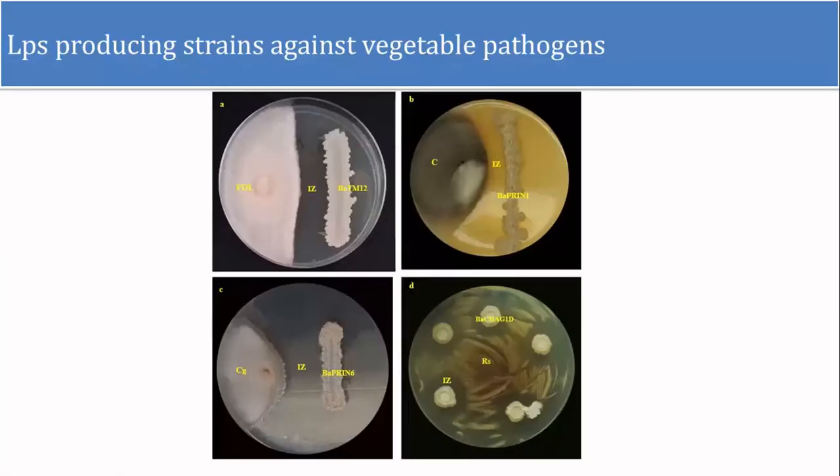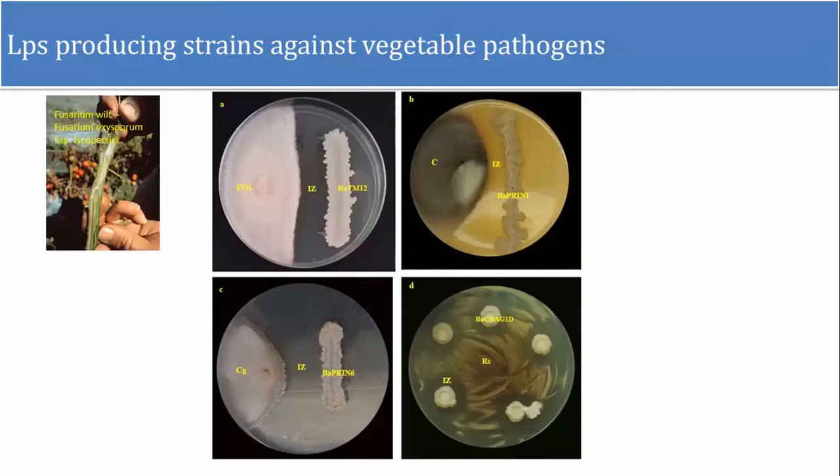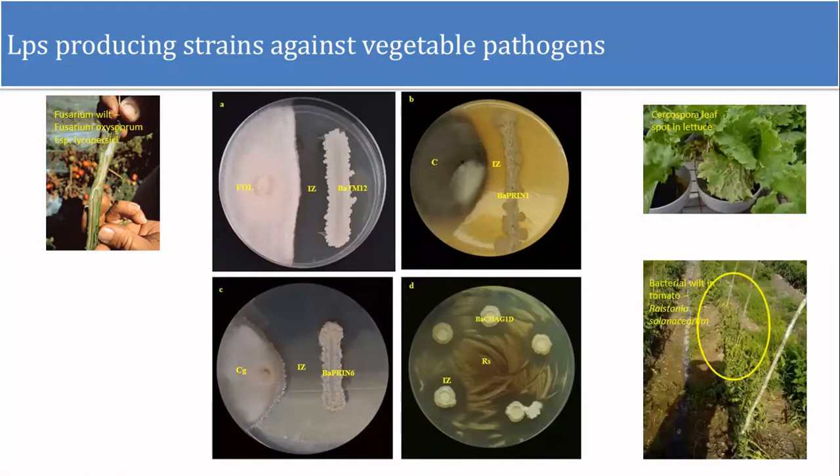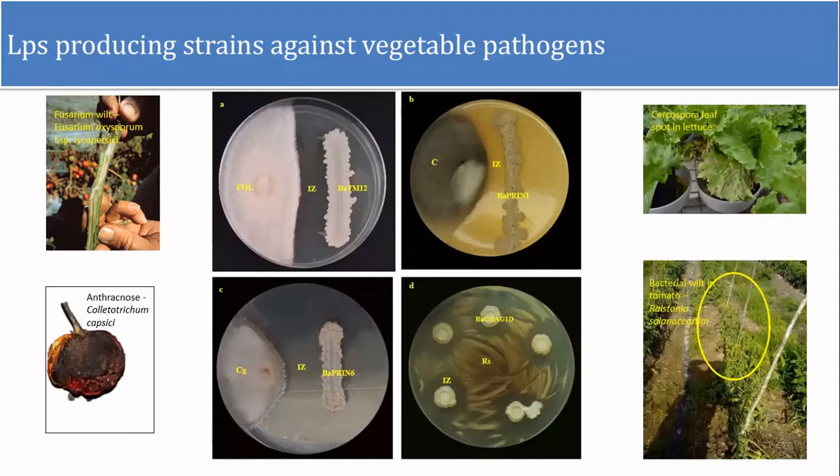And when we tested these antibiotic producers against vegetable pathogens, such as Fusarium wilt in tomato and Cercospora leaf spot in lettuce, which is caused by Cercospora lactucae, and bacterial wilt in tomato, which is caused by Ralstonia solanacearum, then anthracnose in hot peppers, which is caused by Colletotrichum capsici.